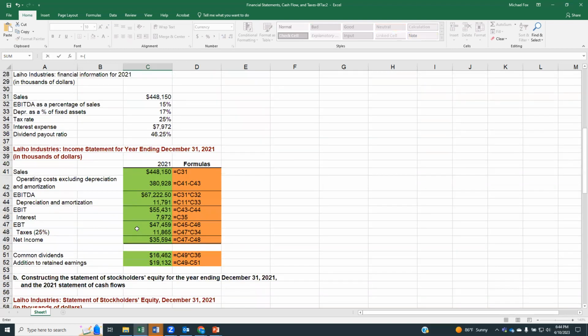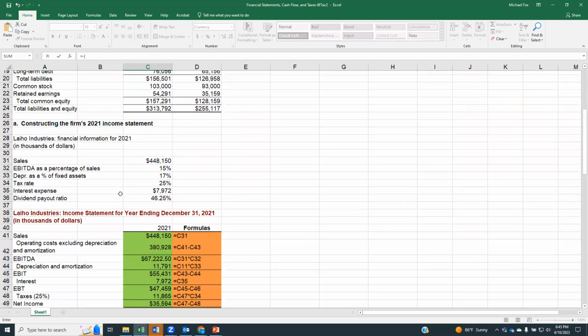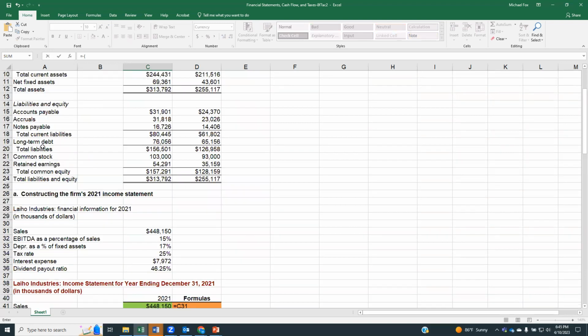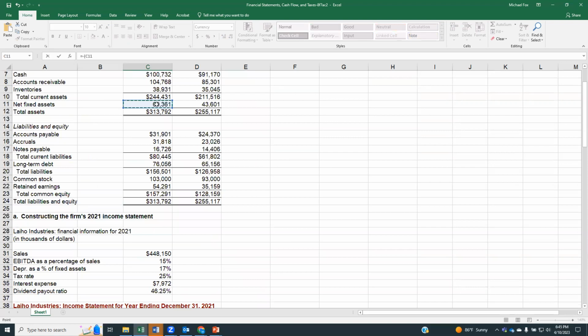Okay, so I'm going to take net fixed assets from last year minus the net fixed assets of this year. I'm sorry if I'm confusing you a little bit with this one.